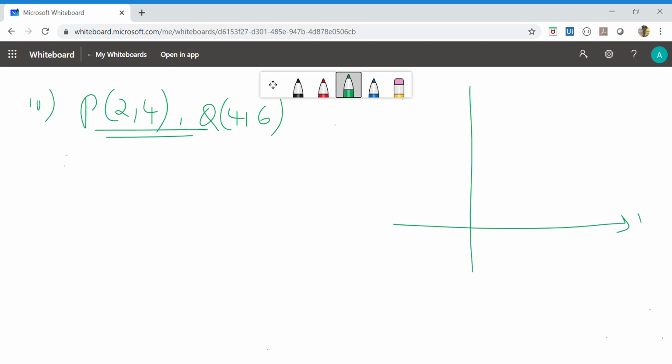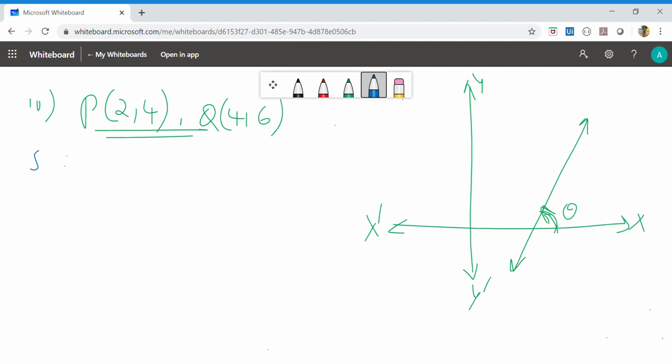This is x-axis, x dash, and y-axis, y dash. Suppose a line is there like this. What is the angle made by the line with the positive direction, meaning anti-clockwise direction? What is theta he is asking? So to find out theta, you have to find out the slope.